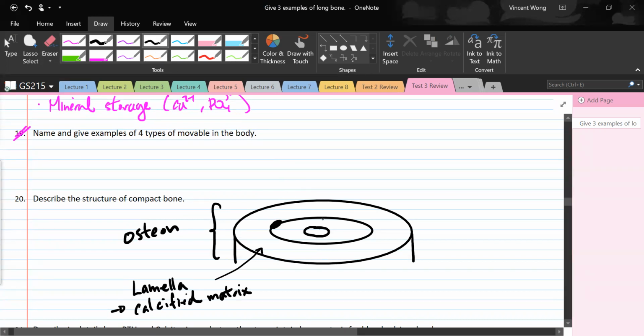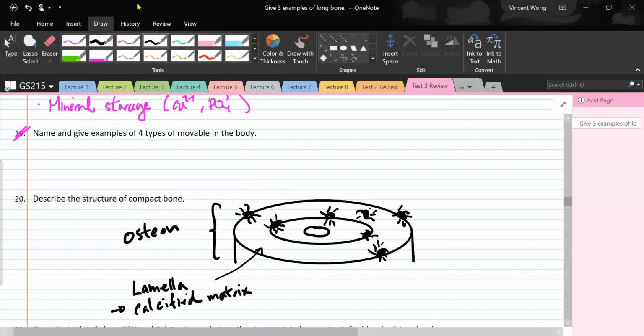Now, there are these little pockets that are everywhere in the osteon, right? And there are these lines coming out from the pockets. The lines are basically cracks in the bone that allow the bone cells to move around and blood vessels to traverse.